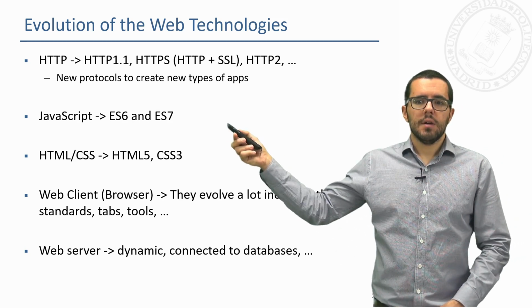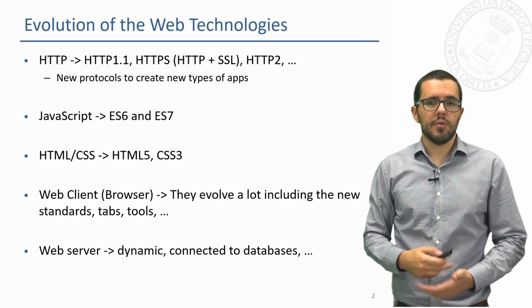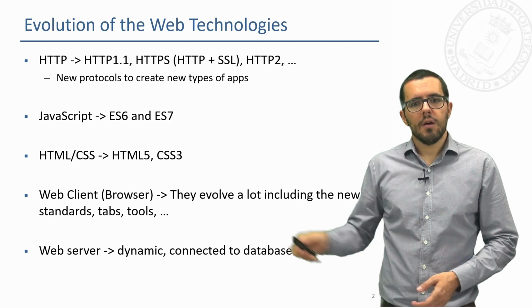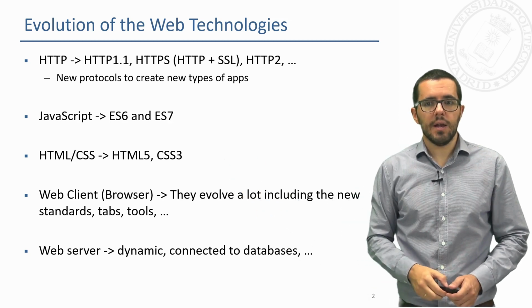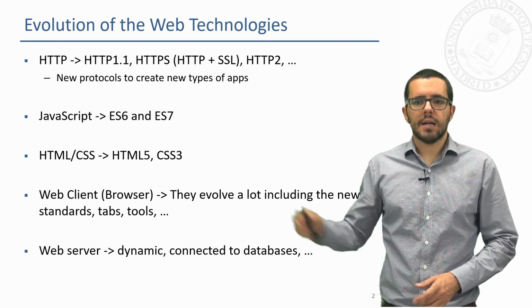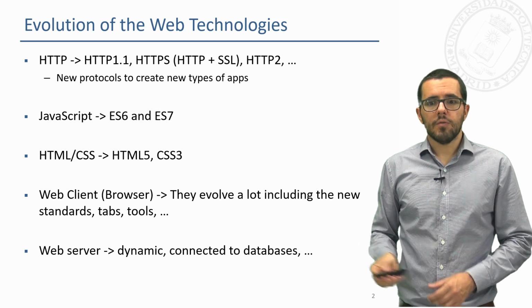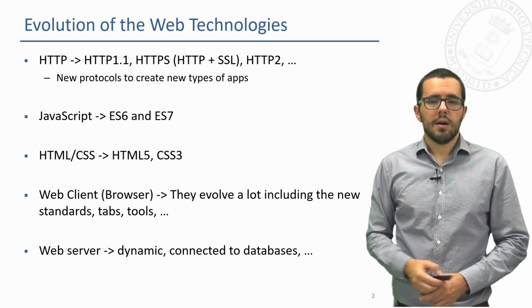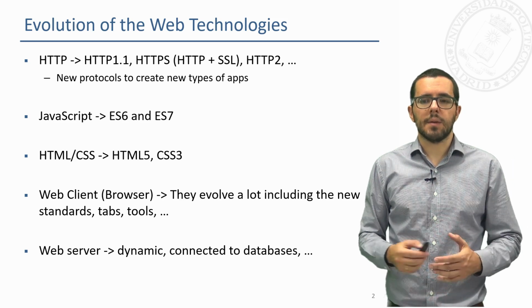For JavaScript, we have lately ES6 and ES7, and in the future we will have in fact more. For HTML and CSS, we have version 5 of HTML that includes a lot of functionalities, and CSS3 with animations and many improvements. The web client, the browser, has also improved a lot its functionalities and its capacities.